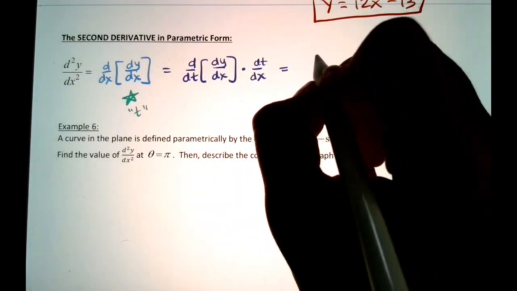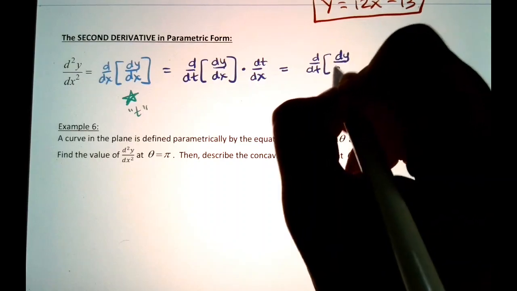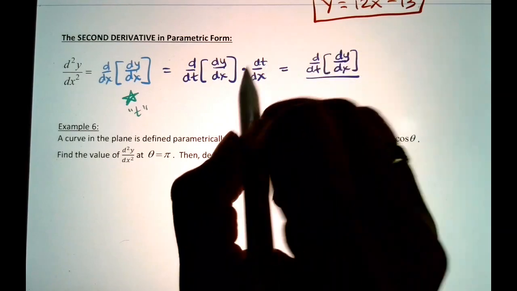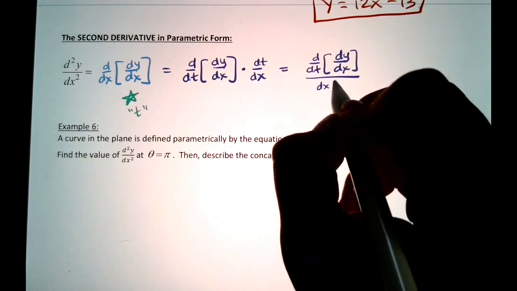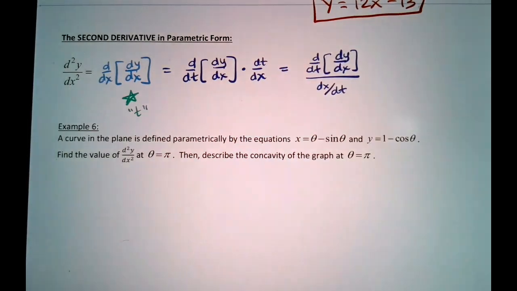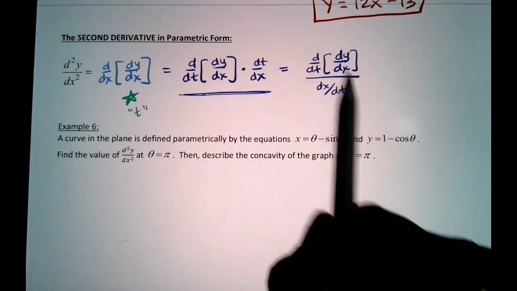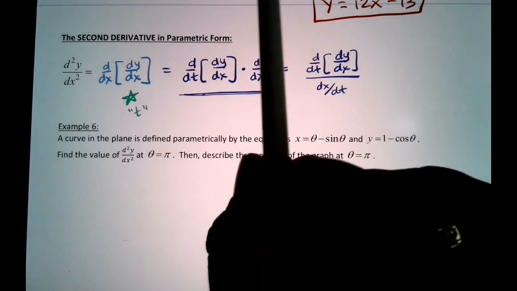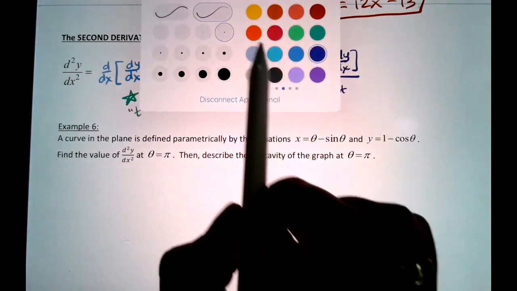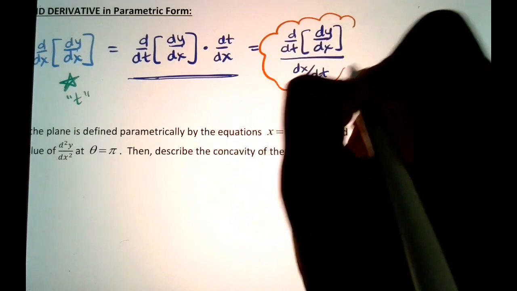I can say, look, let's take the derivative with respect to t of dy dx. That's doable. Multiplying by dt over dx is the same thing as dividing by dx dt. This is what I need to have happen. This is the way it pretty much looks in practice. So let me talk this out for you. This is what you need to remember in terms of the formula for taking the second derivative parametrically. That's it.